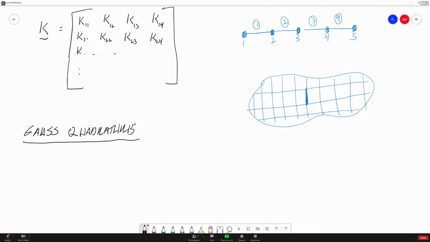But it really isn't a finite element method specifically. And then the other big one that's used is called the Galerkin. Has anyone heard that term before? And that is specific to finite elements. So it's a type of Gauss quadrature that is used for doing this.